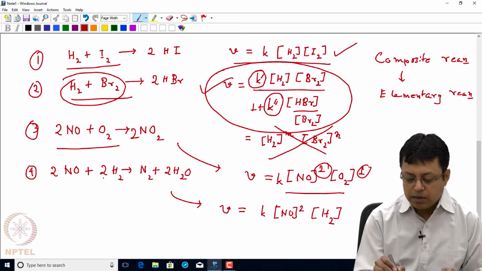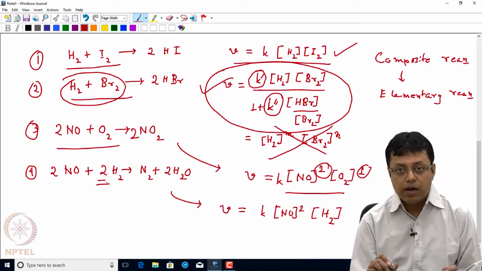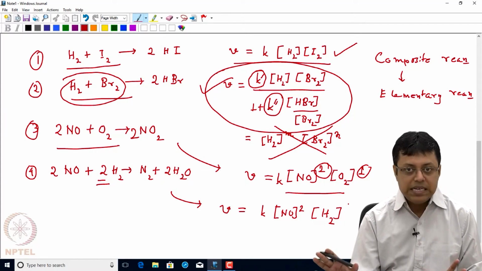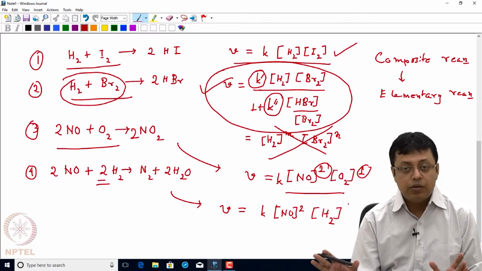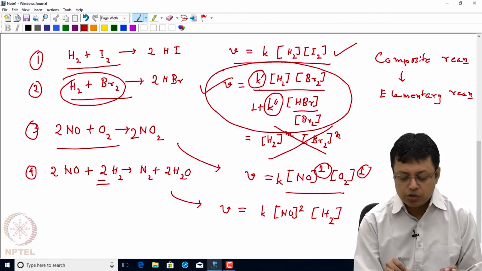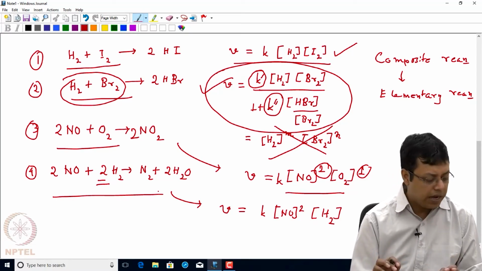Now here you see that although in the stoichiometry there is a number 2 in front of hydrogen, it doesn't appear in the rate law. So you cannot predict anything about the rate of the reaction, how the rate law will look, and what is the order of the reaction which is obtained from the rate law. You cannot predict from the stoichiometric equation, which is the balanced chemical reaction.